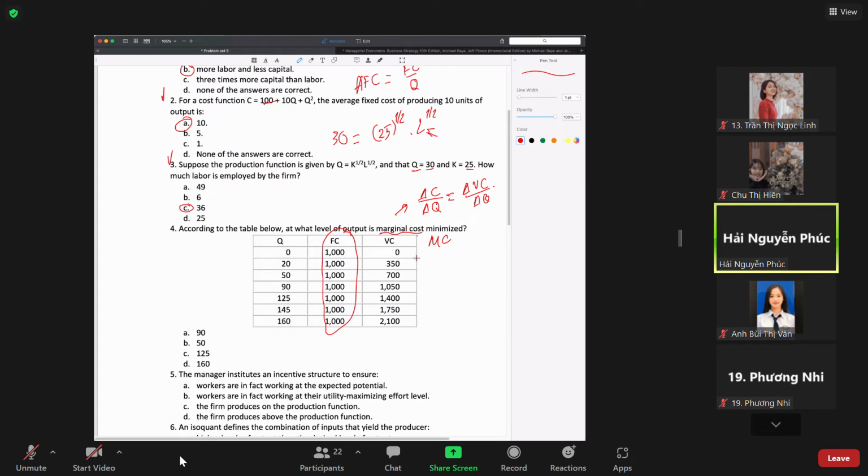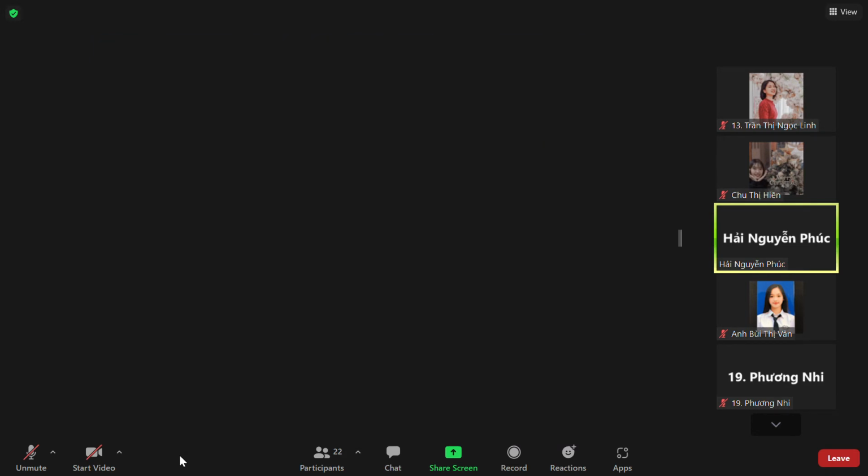For example, for the first row, when the quantity changed from 0 to 20, the variable cost changed from 0 to 350, right? So delta VC is 350, delta Q is 20.